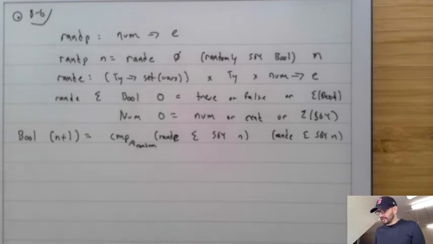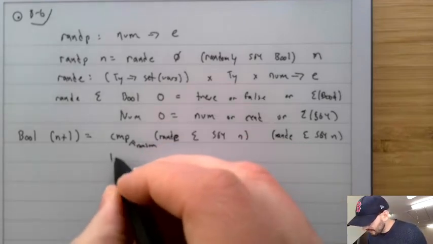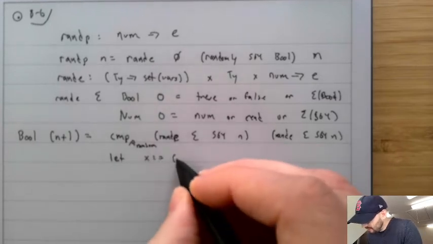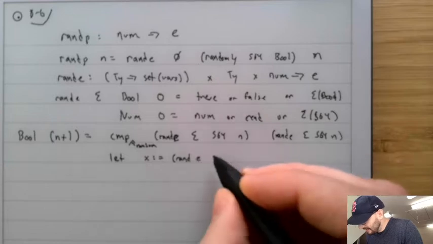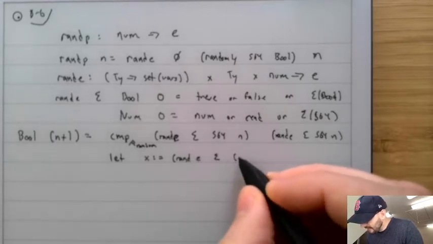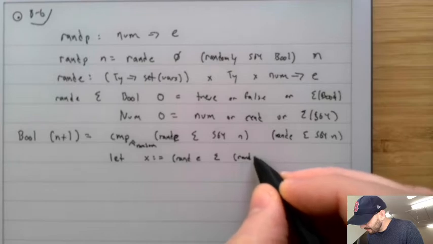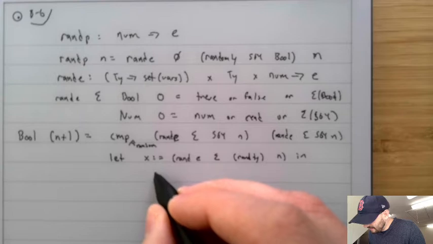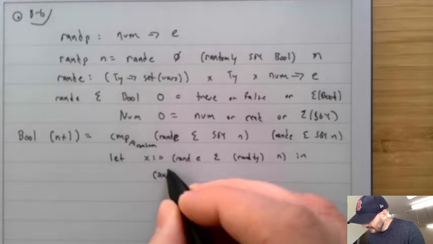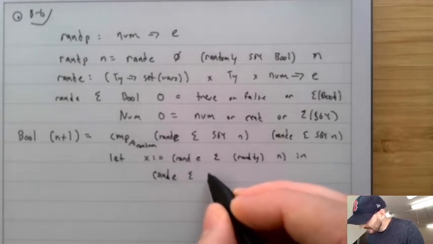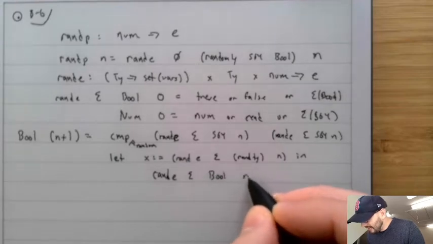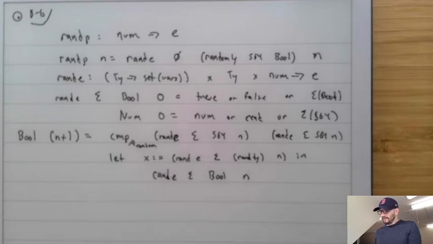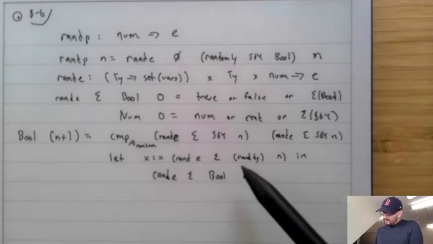Another way to get a Boolean that's structured would be to do let x equal rand e sigma, and then here we'll get a random type, n, inside of a rand e with sigma, this type, which is bool, and n. So what we could do is we could randomly make a new variable. And when we randomly make a new variable, that variable could be anything.